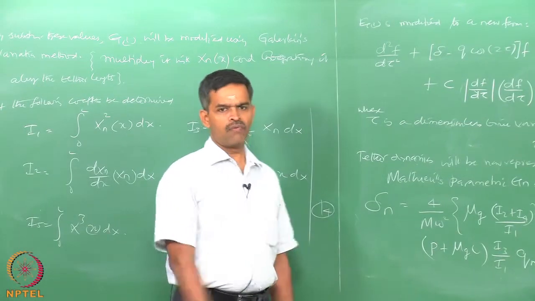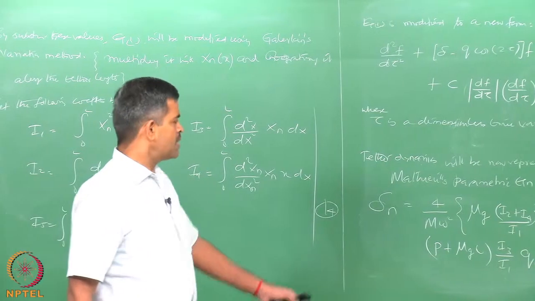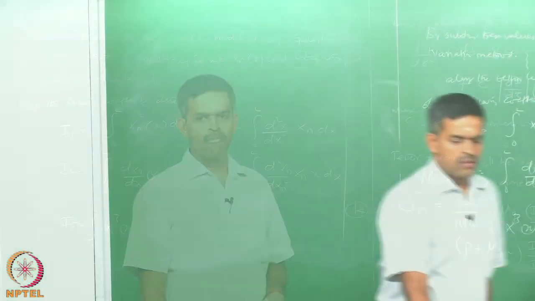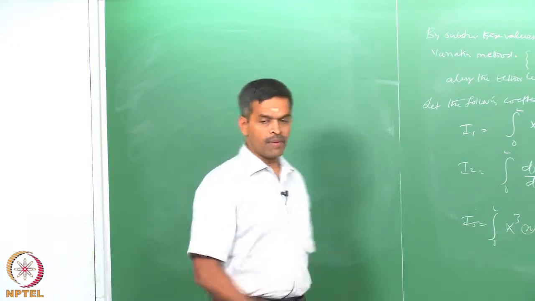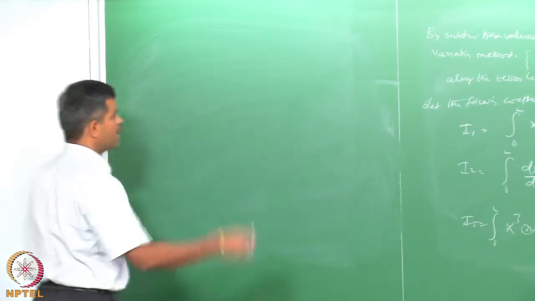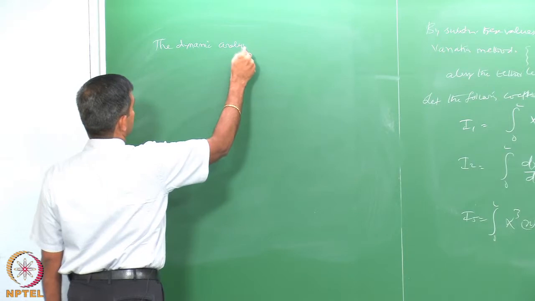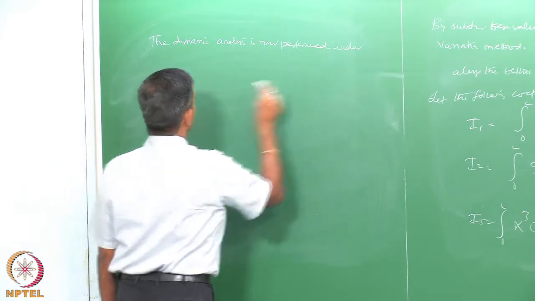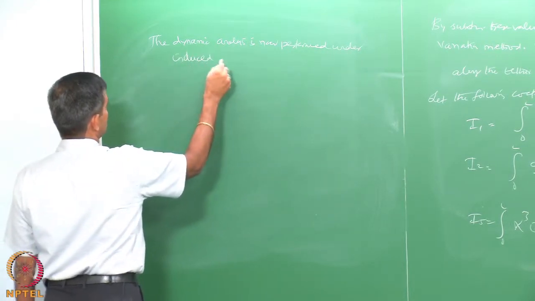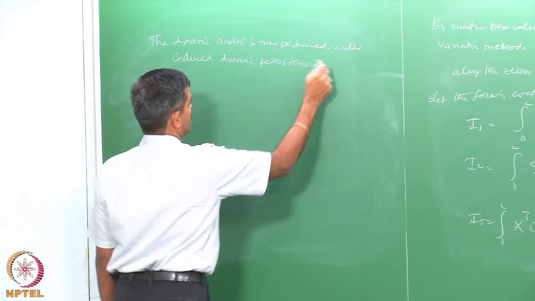Now, the dynamic analysis will be performed assuming an induced dynamic tension amplitude in the given problem, which is as per the real case analysis what you are going to do to assess the safety of the system, stability of the given system under the normal loading operations and operating conditions. The dynamic analysis will be now performed under induced tension vibration, induced dynamic tether tension, right.